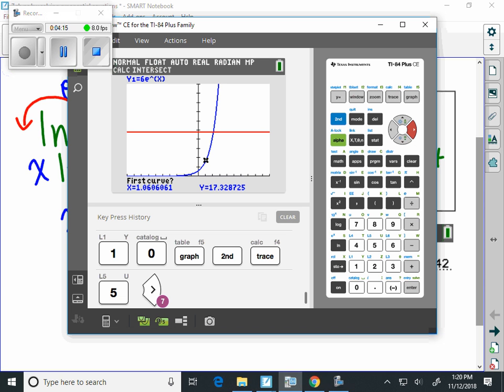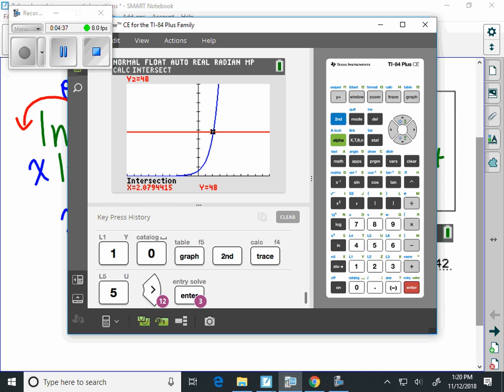And we're going to go on the first curve. I'll stop it there, close to where it intersects. Press enter. When it jumps over here to my second curve, so to speak, I leave it alone, leave it right there, and then press enter. And then the third time I press, it's going to give us our intersection.